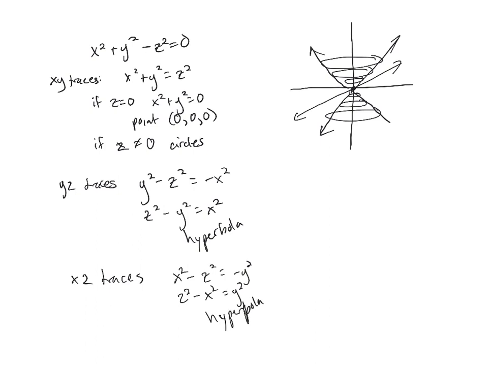So if we summarize it, the key here is what's happening for the non-hyperbolas. Sometimes they're circles, sometimes they're ellipses, depending on the coefficients of x squared and y squared. If the coefficients are the same on x squared and y squared, then we end up with circles. If they're different, we end up with ellipses.